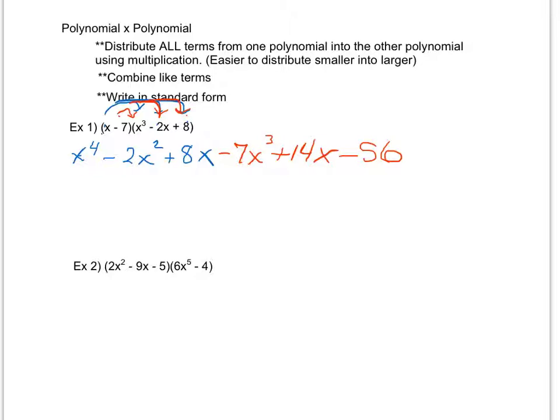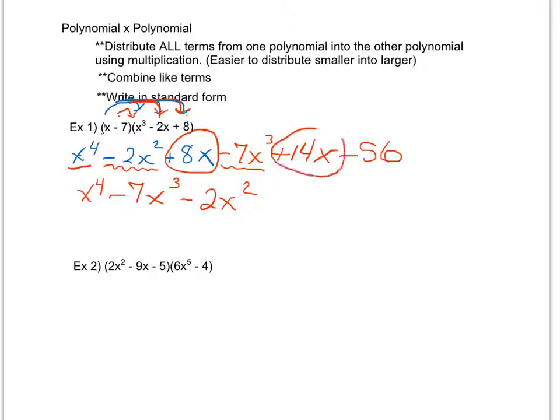Checking to see if I have like terms, no other x to the 4th, so I'm just going to drop it. I'm going to jump over to my next highest degree, my cube. No other cubes, so I'm just going to drop it. I'm going to bounce back to my x squared, no other x squared, so I'm just going to drop it. 8x and 14x, I can add those together and I get 22x.